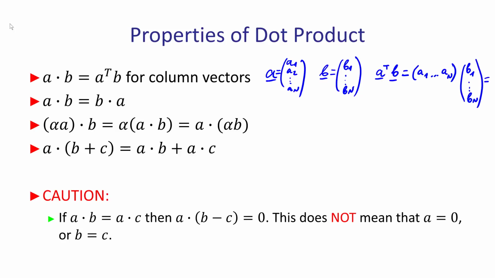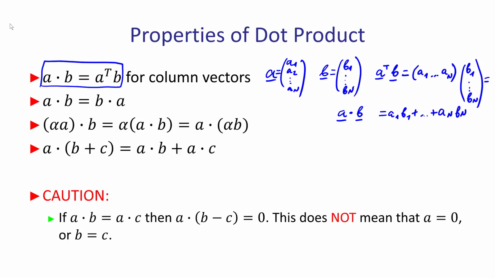Note that this is exactly a1 b1 plus, and so on, plus an bn, which is exactly the dot product between A and B. This is the first property here.